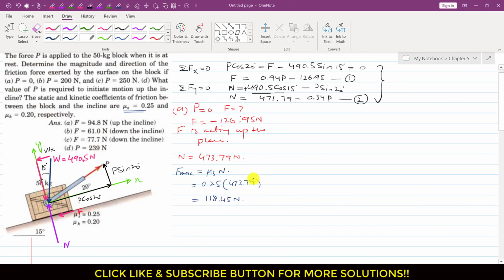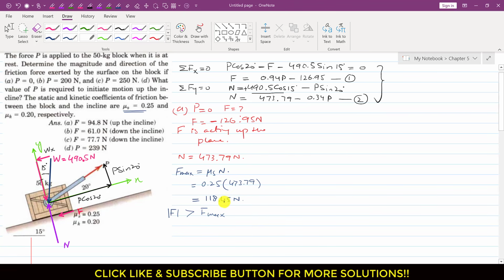If we compare the magnitude of F and F max, the magnitude of F is 126.95, which is greater than this F max.